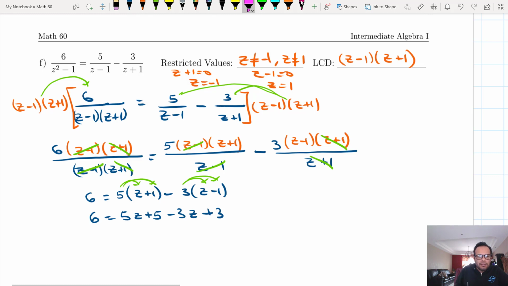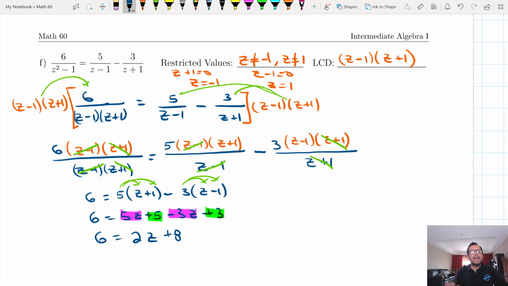Combining like terms, let's combine variable terms with variable terms. 5z minus 3z is going to give us 2z, and constant terms with constant terms, 5 plus 3, which will be the number 8. The number 6 on the left-hand side, sorry, that remains the same.